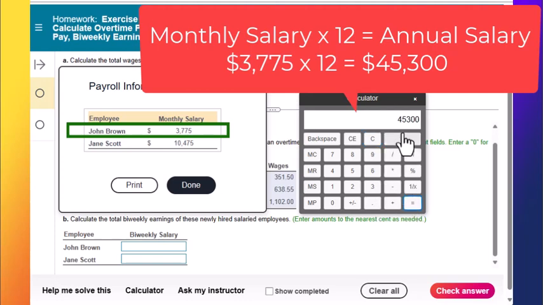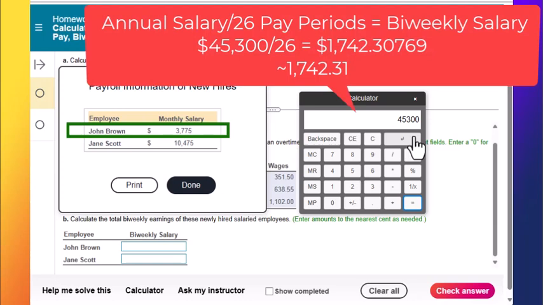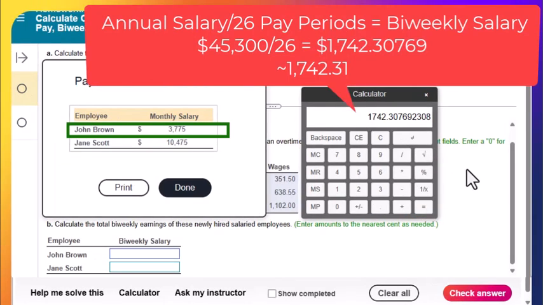So that'll be $45,300. And then we'll go ahead and divide that by 26 pay periods in a year. So then we're going to go ahead and round this up to 31 cents here, since it says to the nearest cent as needed. So we can go ahead and type that in. So 17.42 and 31 cents.